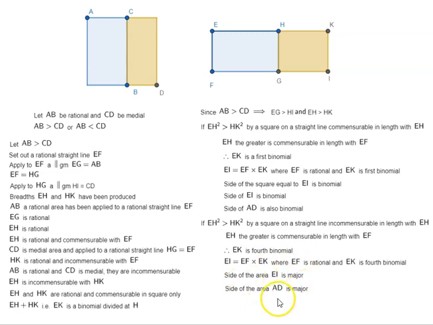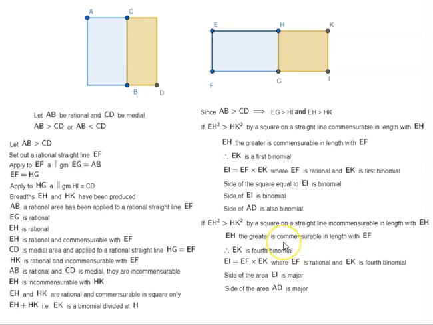Since EI is equal to AD, the side of the area AD is major. So what we have shown is that if AB is greater than CD, and based on these conditions, two irrational straight lines arise, binomial and major.